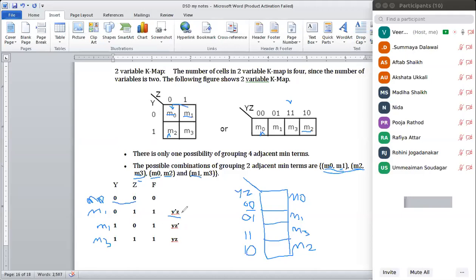Now Y bar Z, which cell is it? M1 cell. What is the output value? 1. So what do I have to write here in the M1 cell? I have to write 1. So this is M2, correct? What about the M2 cell?